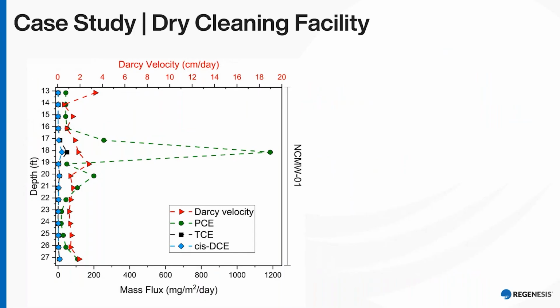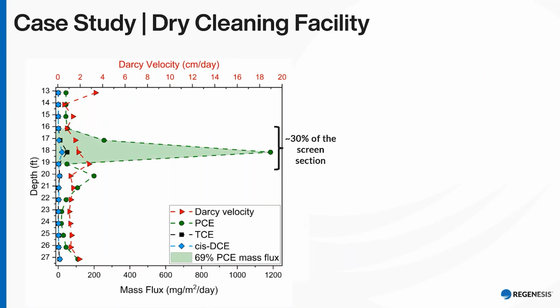This is the plot and the data that we collected. There's a significant peak of PCE located at about 18 feet. This peak is telling us that it is occurring in 30% of the screen section, carrying about 70% of the PCE mass flux. Potentially, the concentration measured in this well was caused mostly by this peak at this depth. This maximum flux is about 1,200 milligrams per square meter per day.